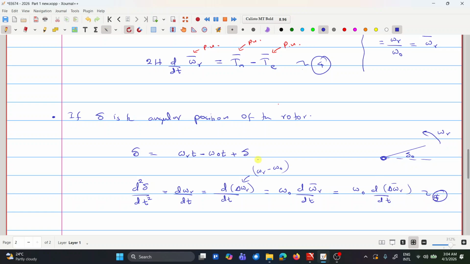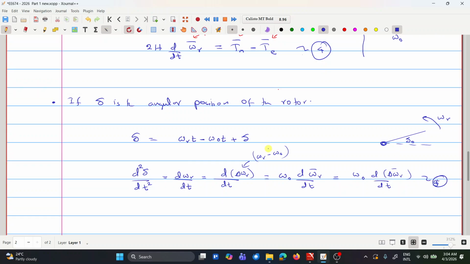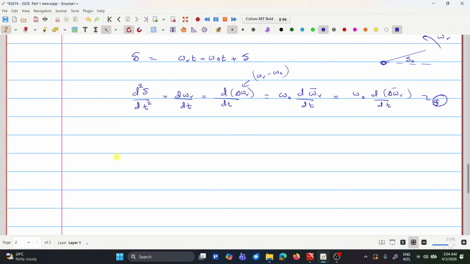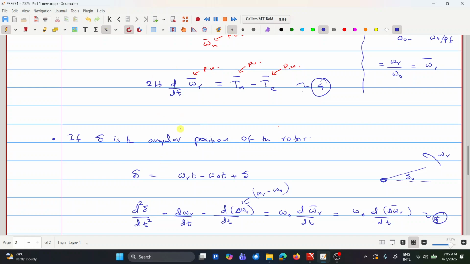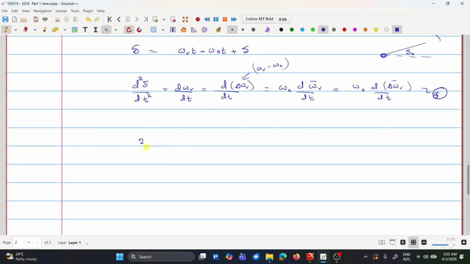Okay, then from equation 4 and equation 5, we can write that 2H over omega naught times d squared delta over dt squared is equal to Tm minus Te, right?